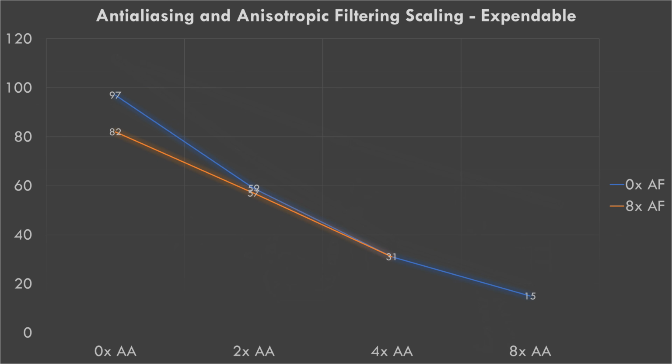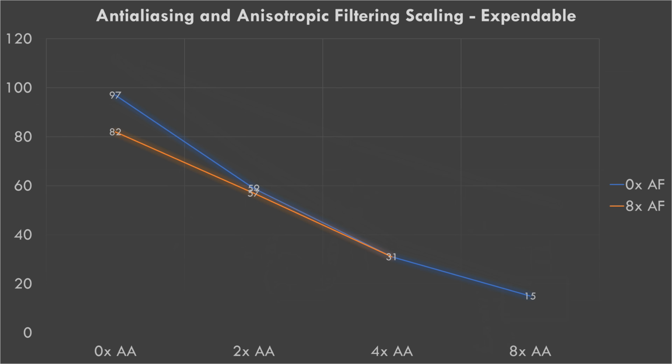And I did the same thing with Expendable. Blue line is without anisotropic filtering. The orange line has 8x anisotropic filtering enabled. Once again, we can see how anti-aliasing has a huge impact on performance. What happened with 8x AA and 8x anisotropic filtering? The driver just ignored anti-aliasing and ran at full speed, so that's why there is no result.